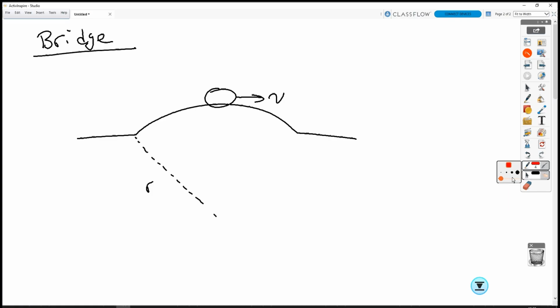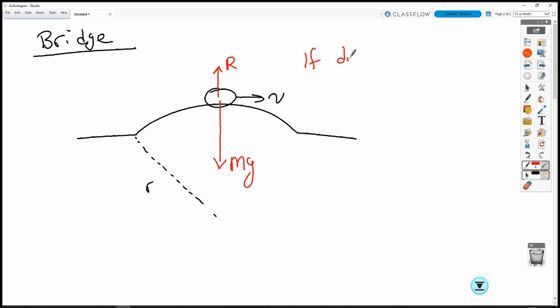But the moment that it starts to move, or that has already been moving, in the tiniest of instants, the bridge is curving down. So its normal reaction on the object is actually going to be less than the weight in that instance. So when I draw these forces, I'm going to draw the weight pointing down, which is rather large, and a small normal reaction.